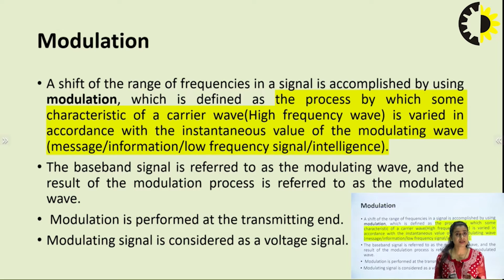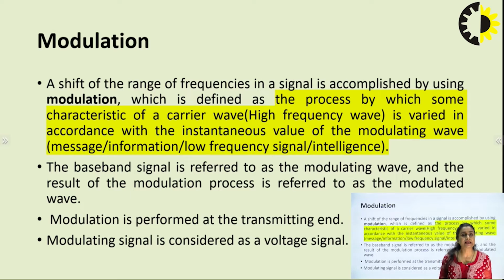So modulation is a process of transmitting my low frequency baseband signal in such a way that it reaches a far distance, right? It is a shift of the range of frequency in a signal, accomplished using this technique, which is called modulation.